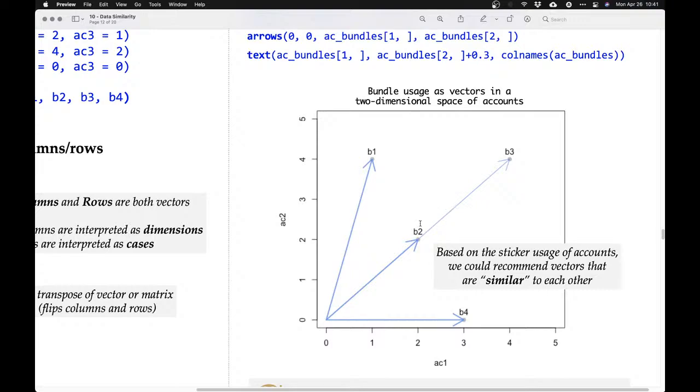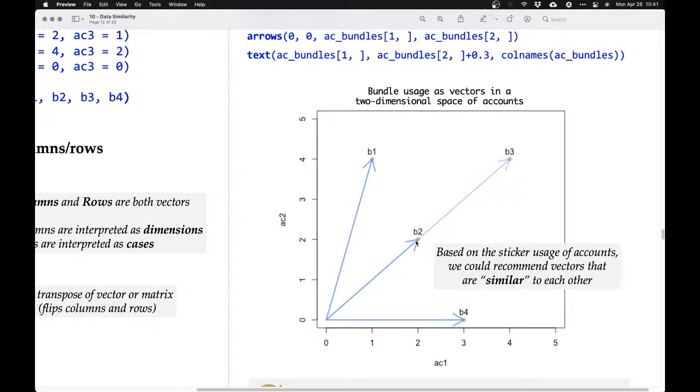All right. And what this is telling us is that some people either really love, so account 1 and account 2, they really love bundle 3. They agree on bundle 3. They also agree on bundle 2, right? So these different users potentially agree in their taste in bundles.